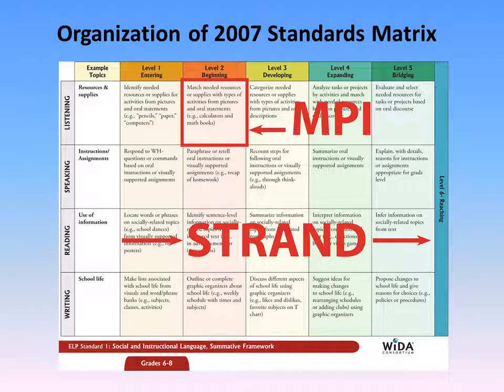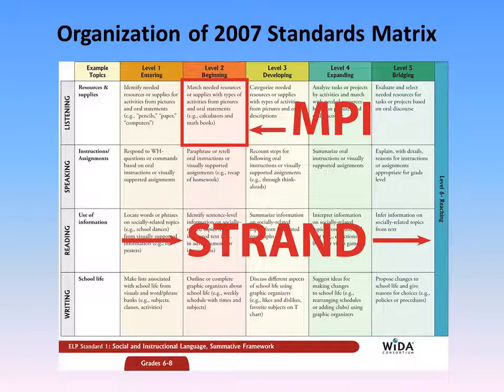So if you look at the chart of how the 2007 standard matrix is set up, you'll notice that an MPI is basically each box found on this chart. And a strand is the collection of 5 MPIs running from level 1 to level 5. The content of each of the little boxes here is not important for us now.